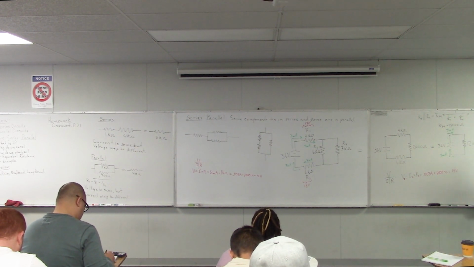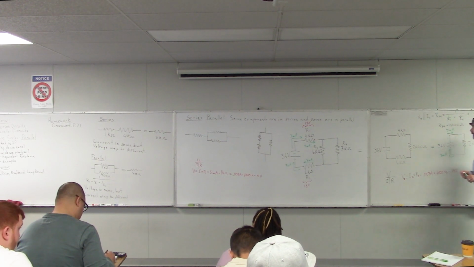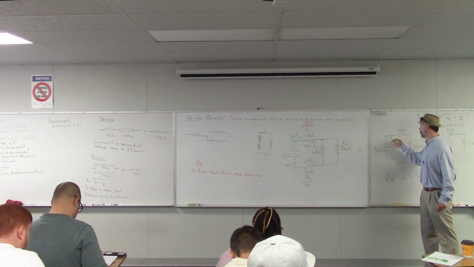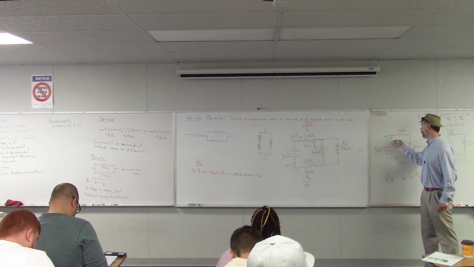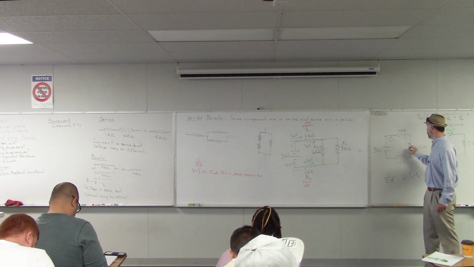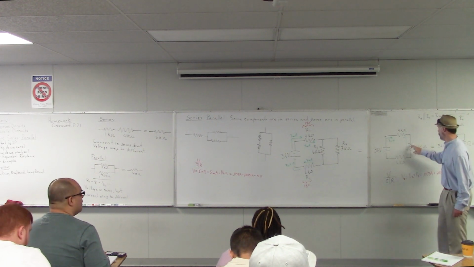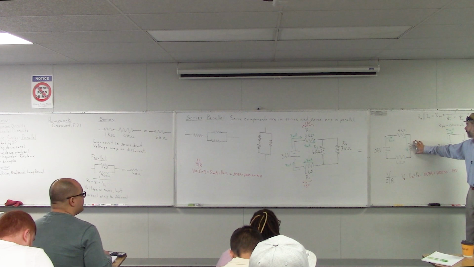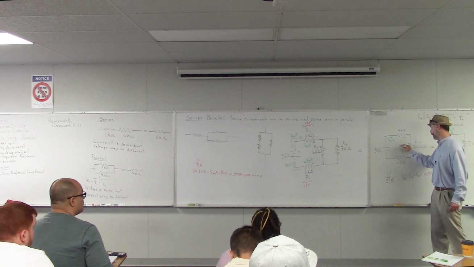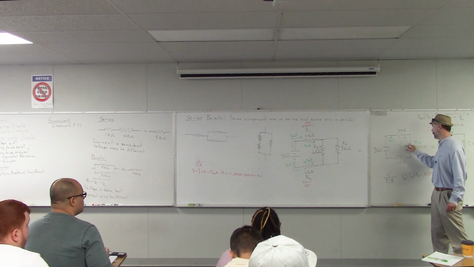So one way that we can look at it is we can look at this intermediate circuit here. So we know that there's 3 milliamps flowing that way. So then how much of that current is going to be flowing through this resistor here, R3, R4? 3 milliamps. Exactly, 3 milliamps.